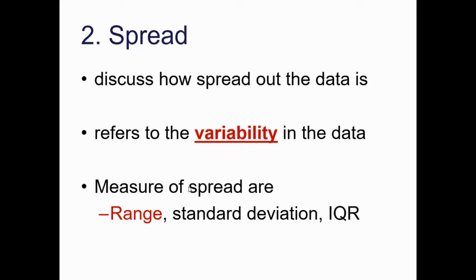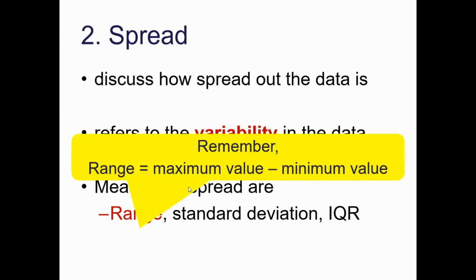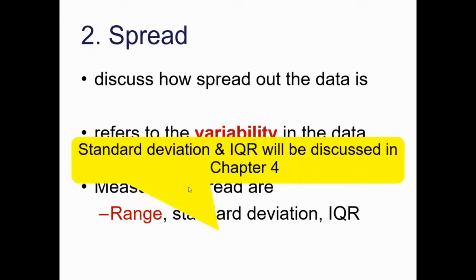That's really when we're going to start throwing around formulas, and you're going to want your formula sheet. Remember, range is max minus min, and we'll get to the last two in chapter 4.